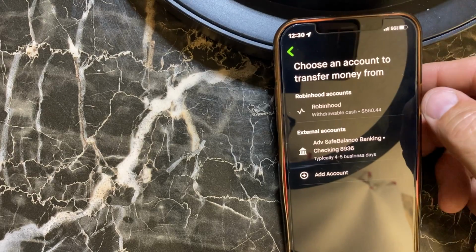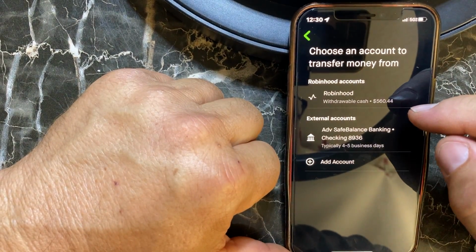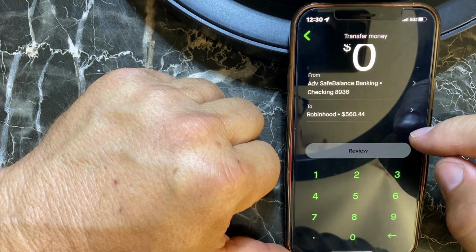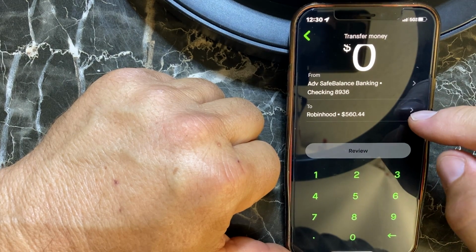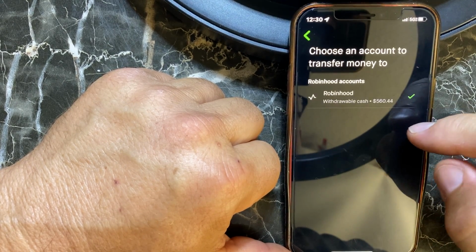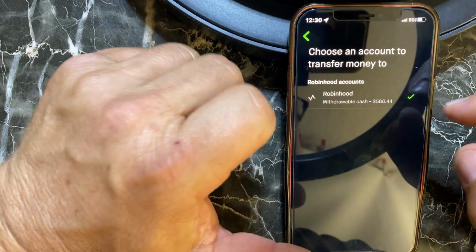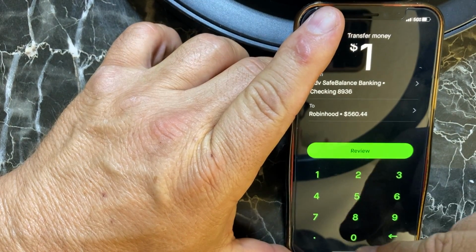So say I wanted to transfer money from my checking account, and then transfer to Robinhood. Then you do that, and then you could put like $10.